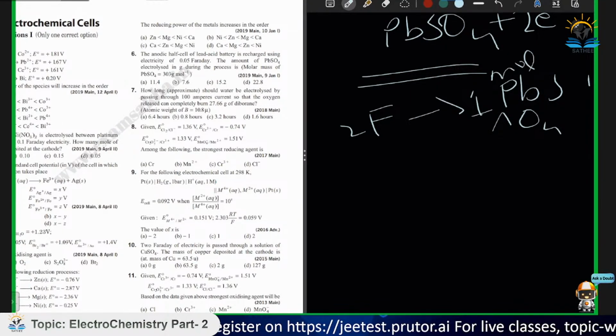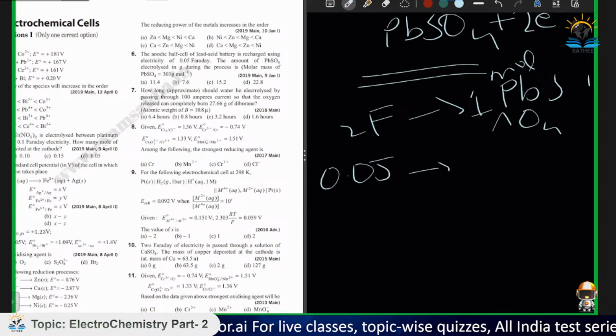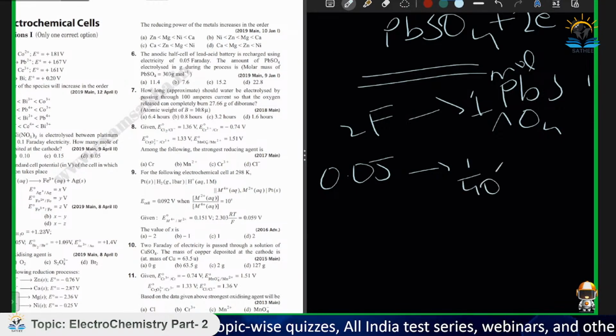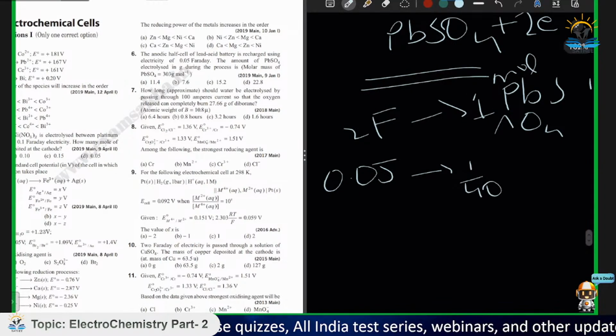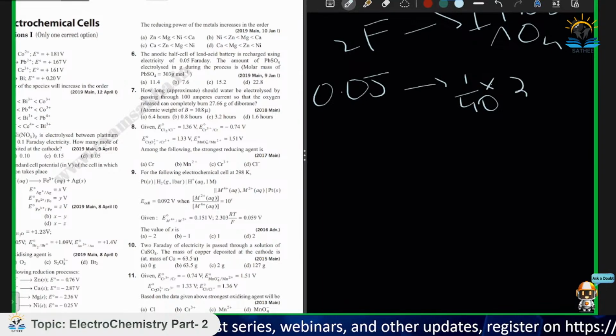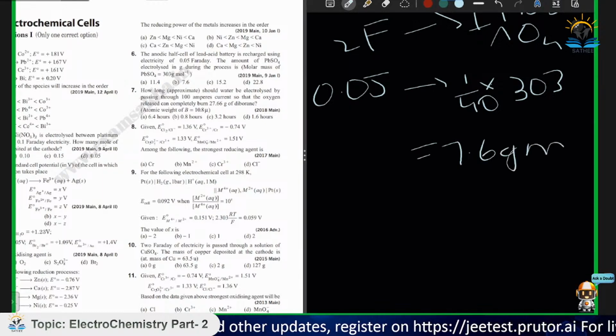You have here 0.05 Faraday, so that is 1 by 40 moles. So 1 by 40 into the weight of PbSO4, 303, which is 7.6 grams of PbSO4.